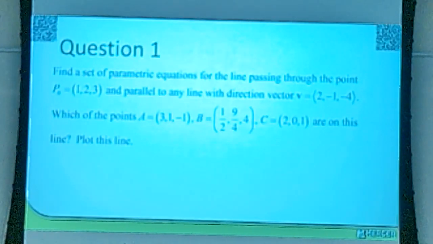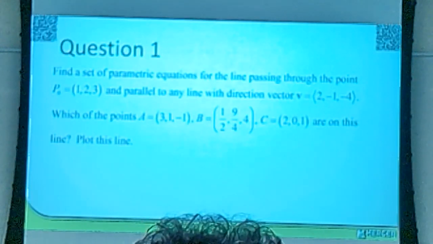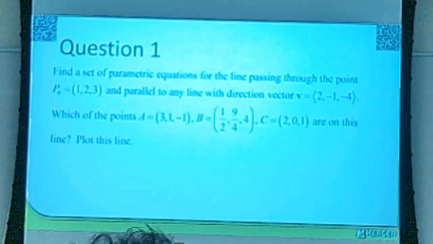Next, let's plot the line and determine which points are included or are on the line.